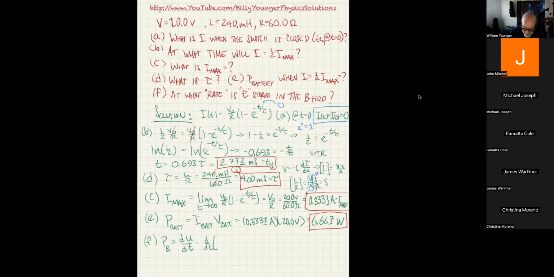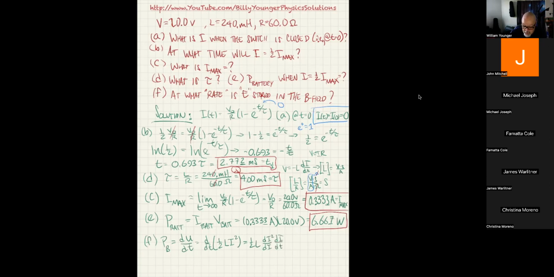So the potential energy was 1/2 L times I squared. Remember, that was the formula I told you was just like 1/2 CV squared. L is a constant, so that's going to be 1/2 L coming out front. Then I'm going to take the derivative of I squared with respect to I times the derivative of I with respect to t.